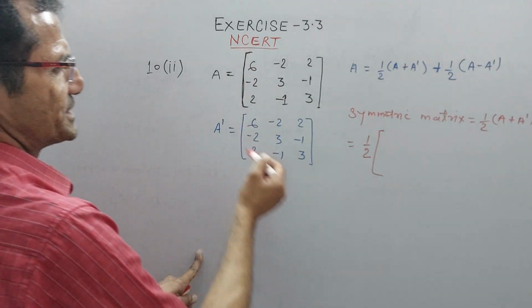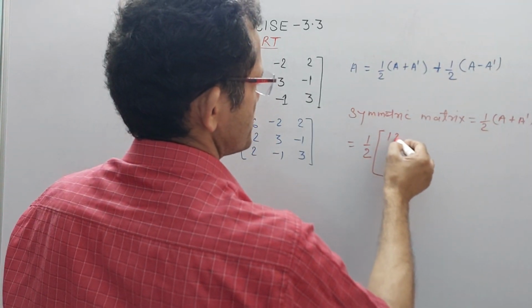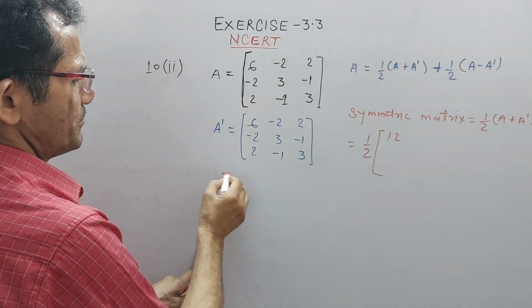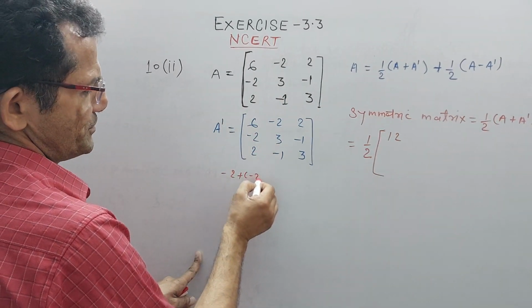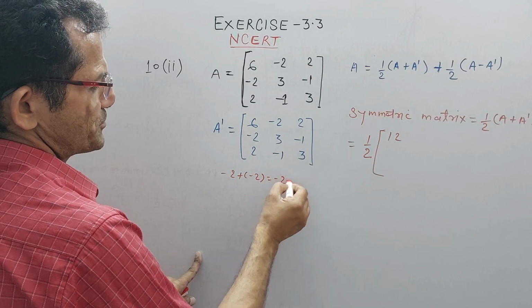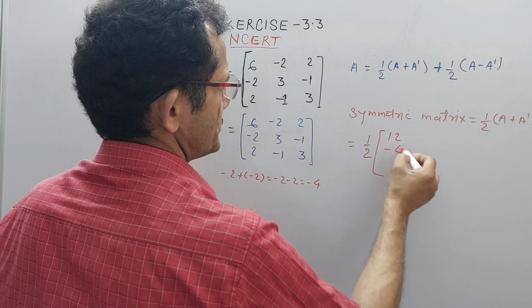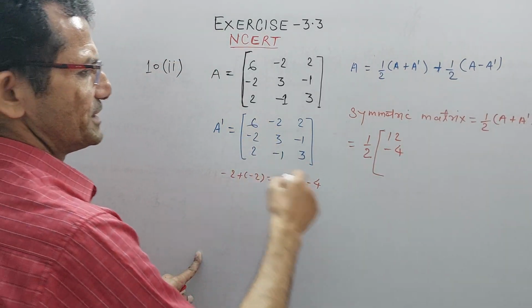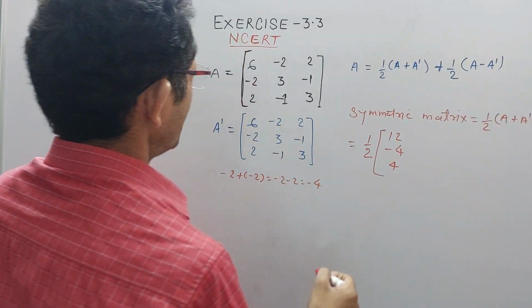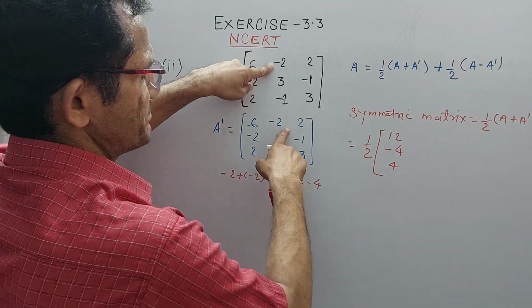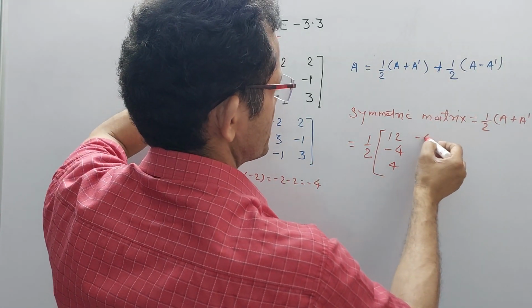Now 6 plus 6 will be 12, and here minus 2 plus minus 2 will be minus 4. So this entry will be minus 4, and 2 plus 2 will be 4, and here minus 2 plus minus 2 is minus 4.